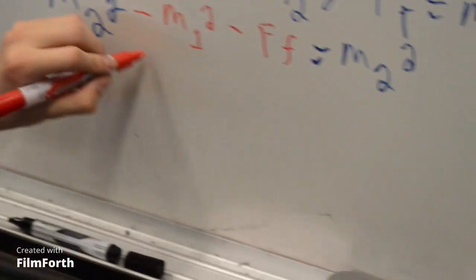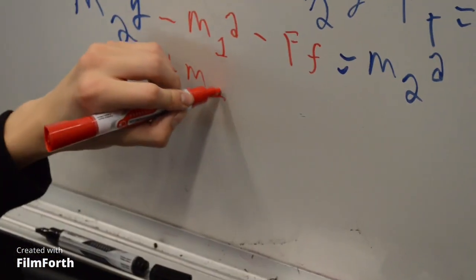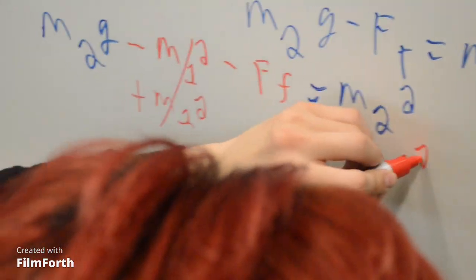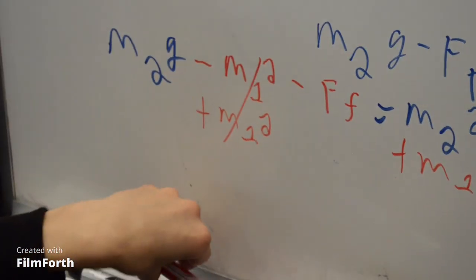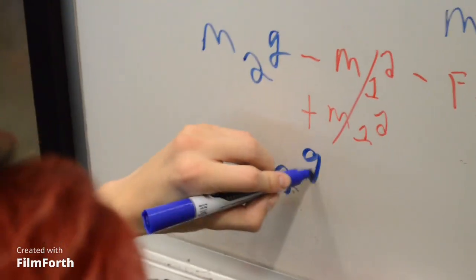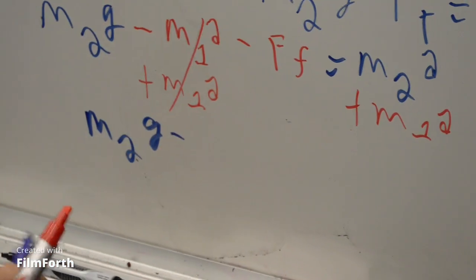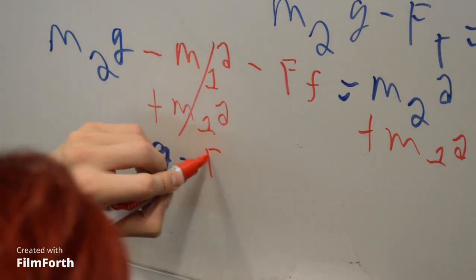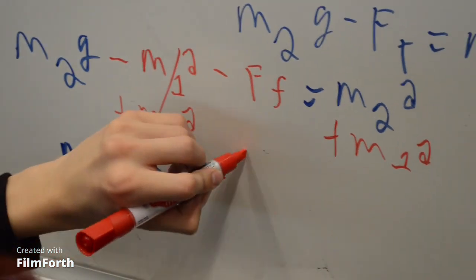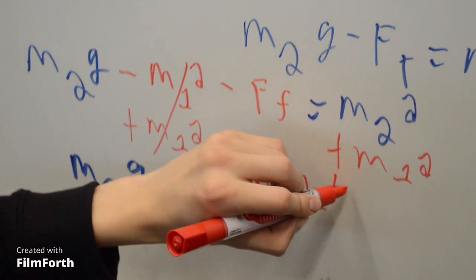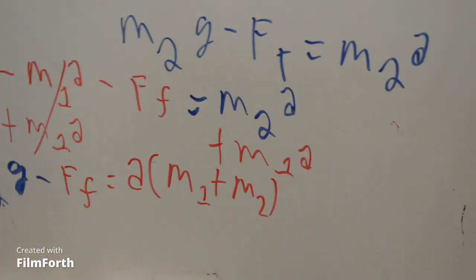Now we do the same thing we did last time: isolate for acceleration, add M1A to both sides, and then we can factor out an A. However, one step at a time. Now we get that the weight of the second mass, minus the friction force acting on mass 1, equals the acceleration multiplied by the combined mass, the sum of the two masses in the system.